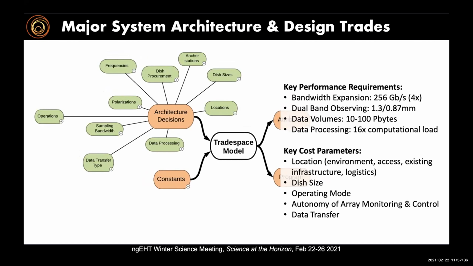Dish size is a major cost driver when it comes to construction cost. The operating mode, when we're going to be observing a lot more frequently to get this time variability, the movies of black holes, how that affects the operating mode is a major consideration and a factor on cost. There's a number of data transfer pathways, and then also the monitoring and control, which I mentioned.